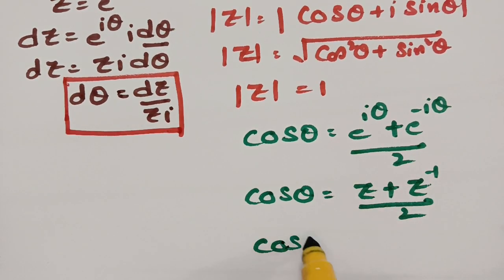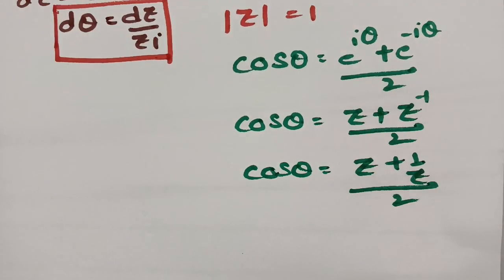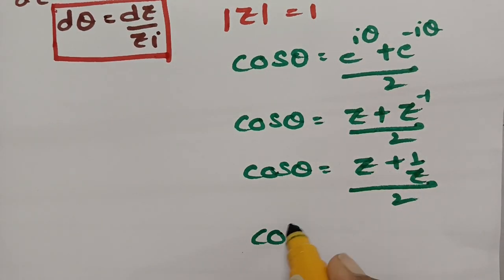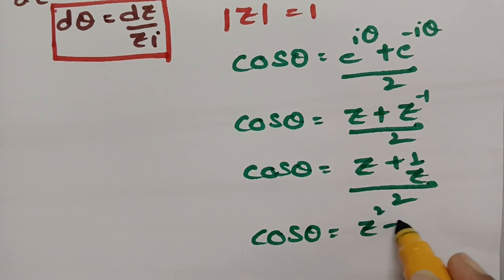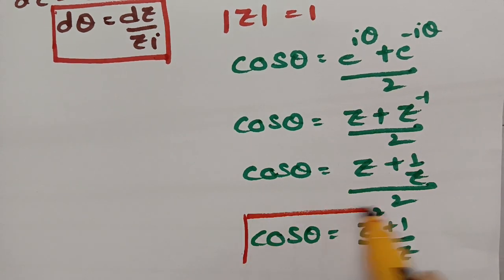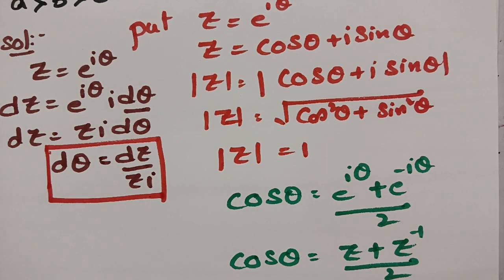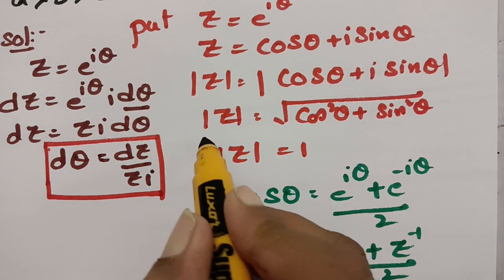So cos theta is equal to z plus 1 by z by 2, and therefore this can be written as cos theta is equal to z square plus 1 by 2z. And here our mod z value is equal to 1.